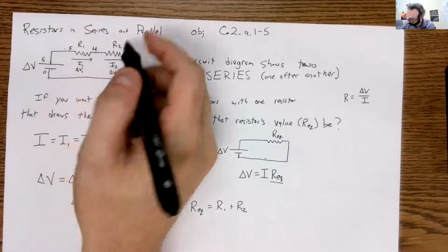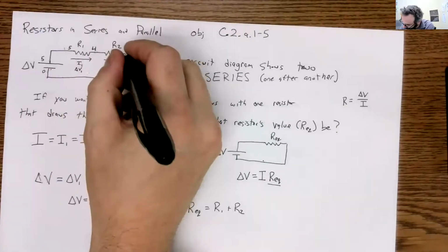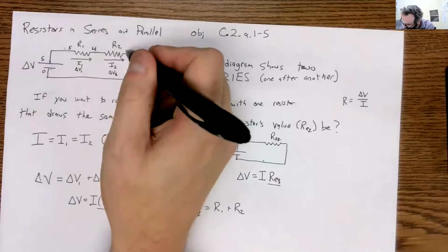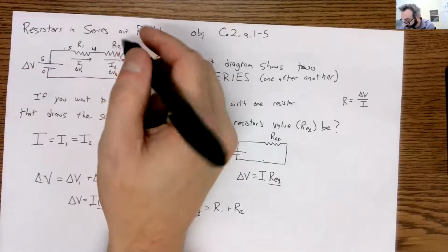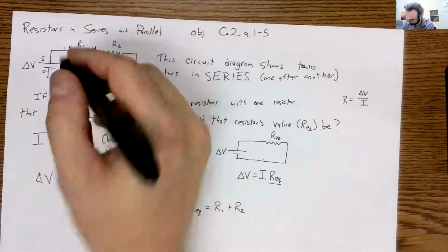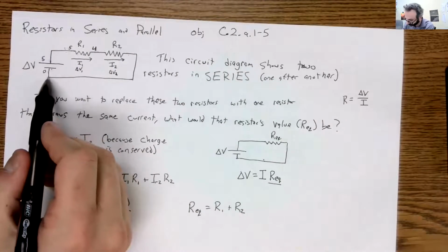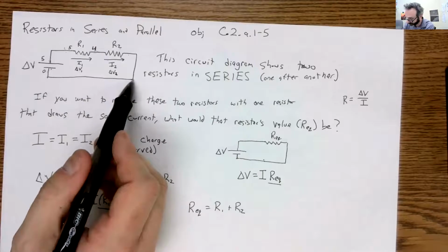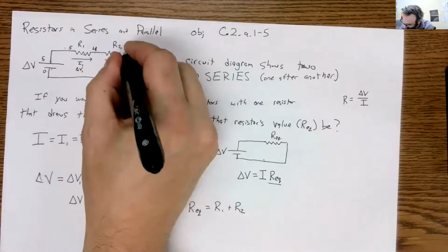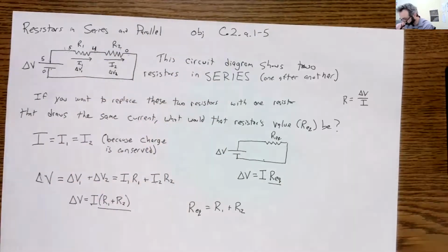What would the delta V of R2 be? It wouldn't be -1 again, right? Because we know that this point in the circuit is 0 volts, so we can go all the way along the ideal wire. So this is a delta V of 4 again.